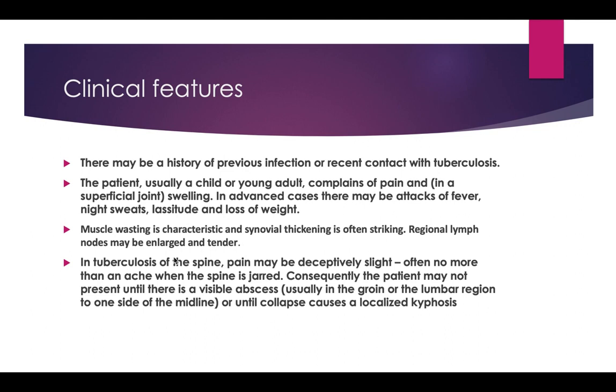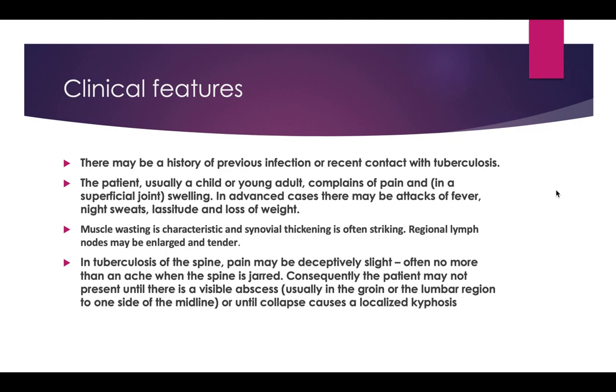Muscle wasting is characteristic in the clinical examination. Synovial thickening is often striking. Sometimes we call it a dewy feeling, like dough. Regional lymph nodes may be enlarged and may be tender. On X-ray, marked peri-articular osteoporosis. This is the difference from the clinical picture.